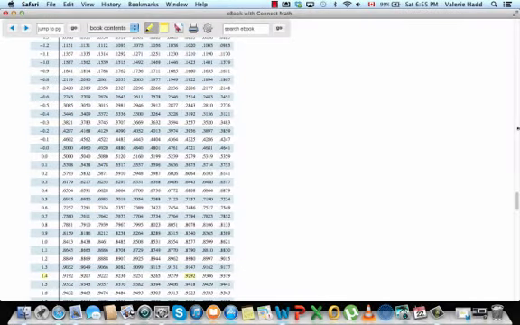Okay, so here's the table again. Remember that we have a z-score of 1.47, which represents 0.9292 to the left of this value. If we were interested in the other side of the curve, so the area greater than 1.47, we would take 1, because the entire area under the curve is 1, minus the value that we have highlighted here, which is 0.9292.